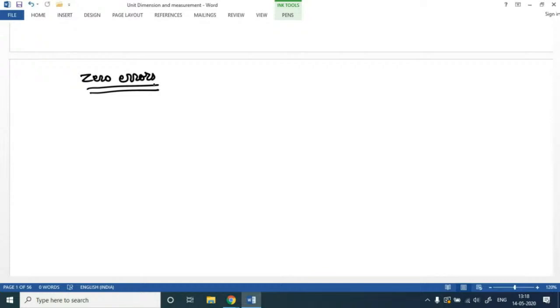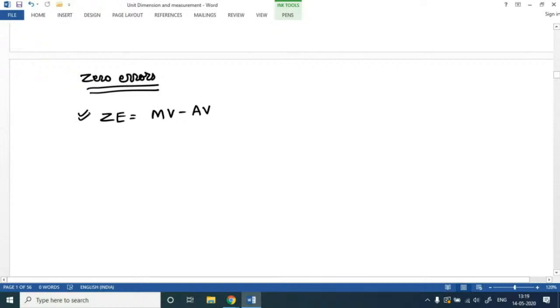That kind of error is known as zero error, meaning when it is supposed to read zero, it is reading something else, and that something else is nothing but zero error. For example, if your watch is reading 00:05 hours at 00:00 hours, that means it has a positive zero error of 5 minutes. So zero error is nothing but measured value minus actual value.